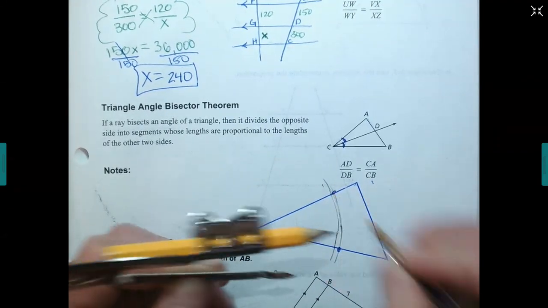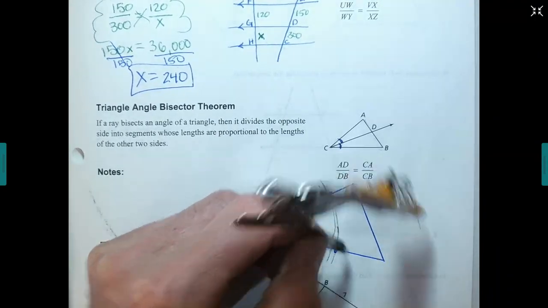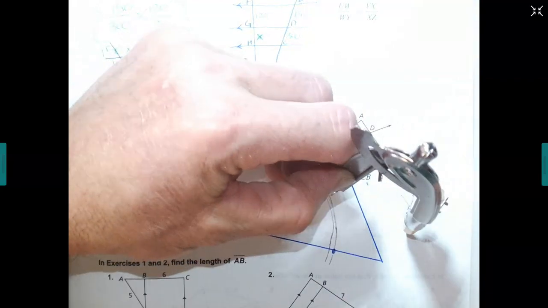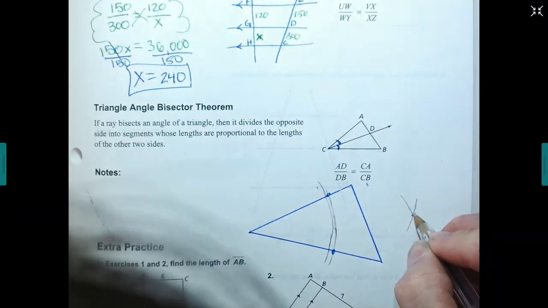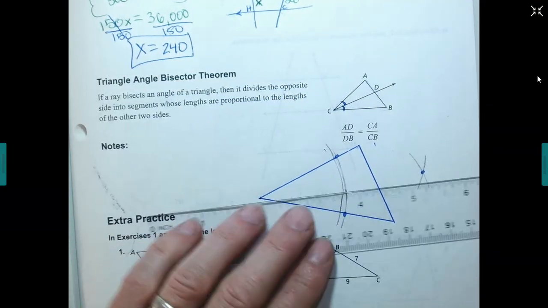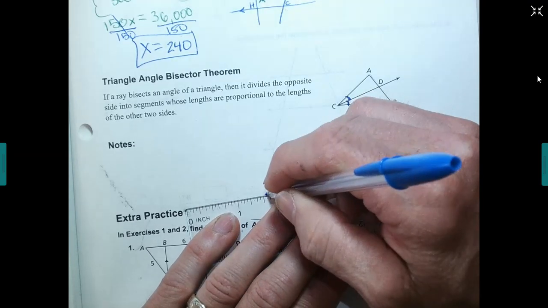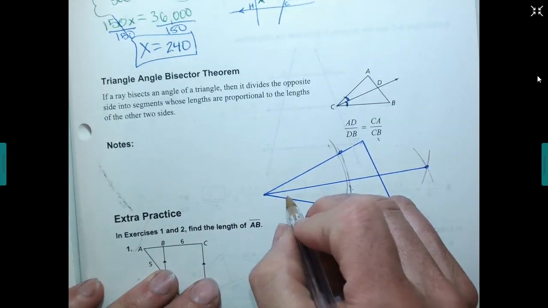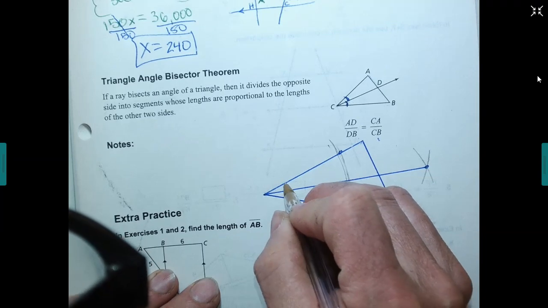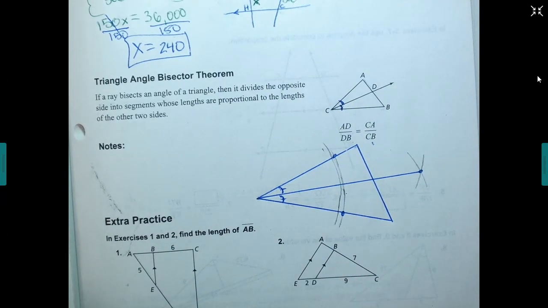I'm going to use the same arc and make a bit of an arc, and then go to that point, make another bit of an arc. At the point where the two arcs cross, that is my angle bisector. So this right here, I actually just made an exact angle bisector. So that's how you make an angle bisector.